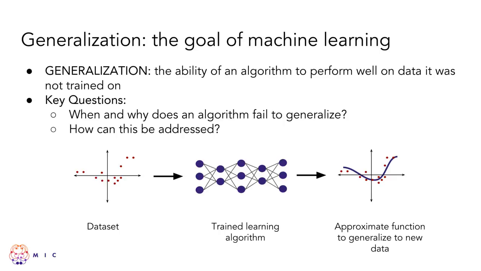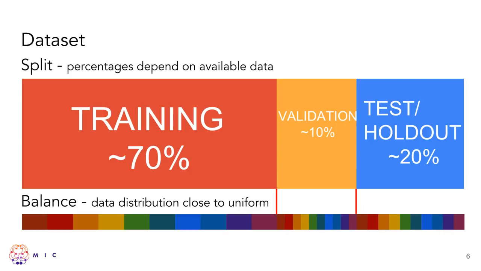Okay, so I'm going to start by talking a little bit about data. The process of training an algorithm we can split up loosely into three stages: our training stage, our validation stage, and our test/holdout stage. Some of these go by different names. Validation is also called dev set, but this is basically what they are. Machine learning is a very iterative process.